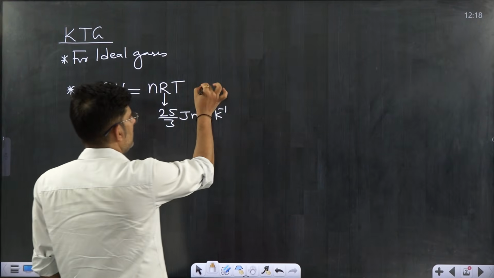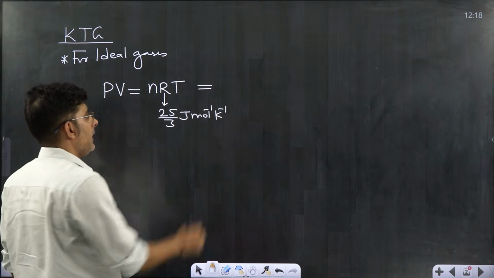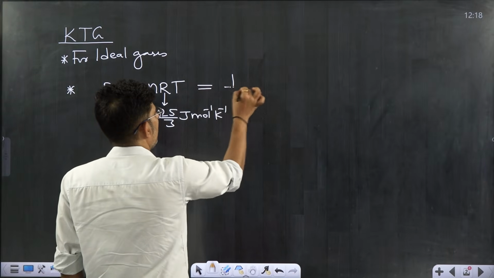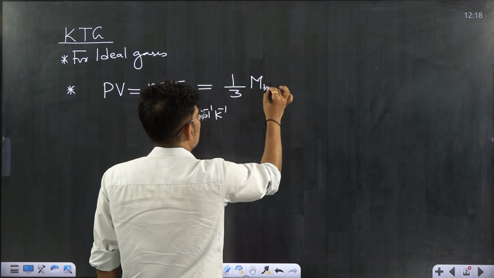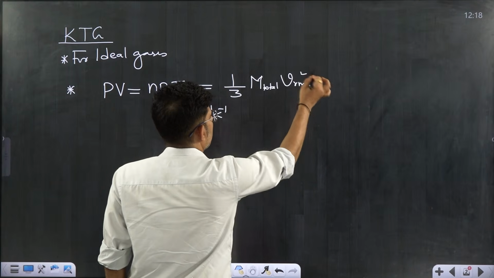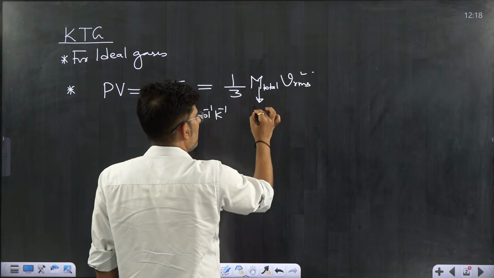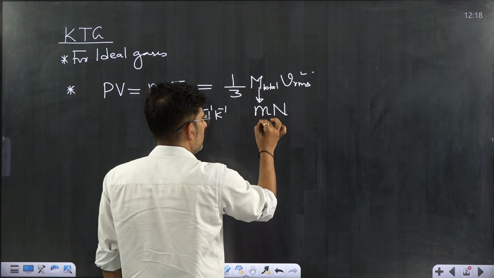PV = nRT, and when we use Maxwell's kinetic gas theory, we also get PV = 1/3 m_total V_RMS square, where m_total is the total mass of gas, which is the mass of one molecule multiplied by the number of molecules.